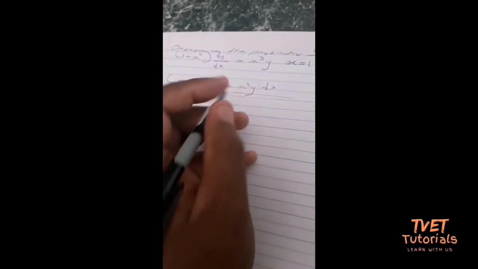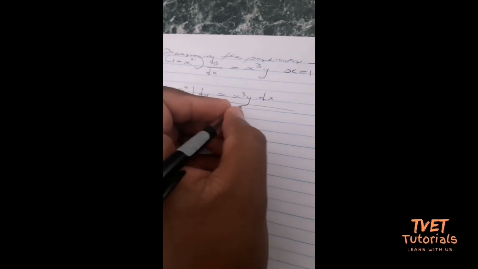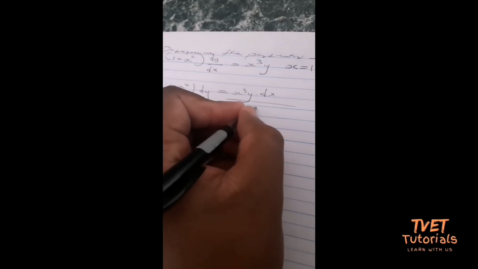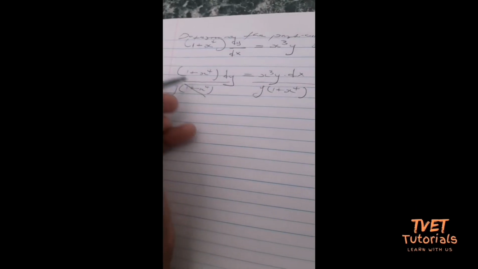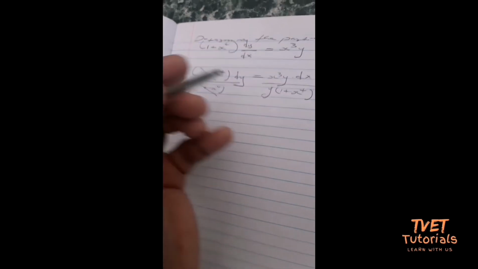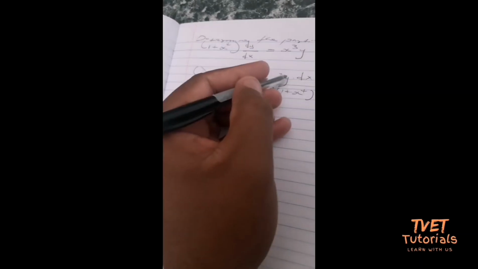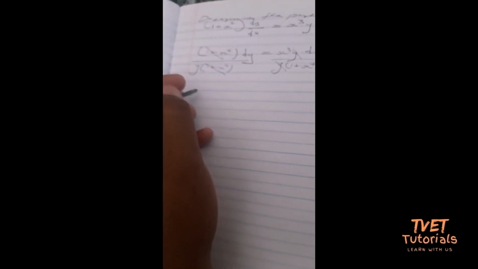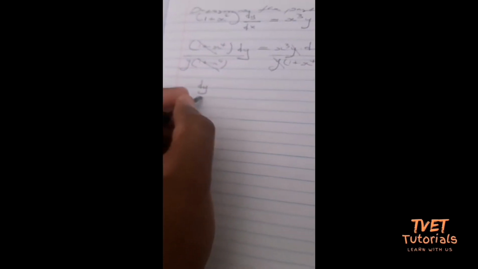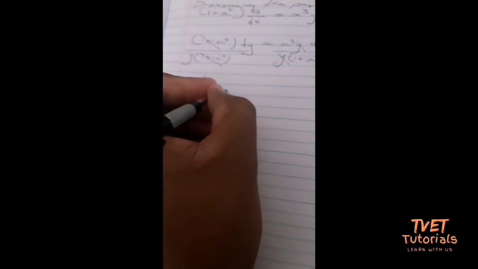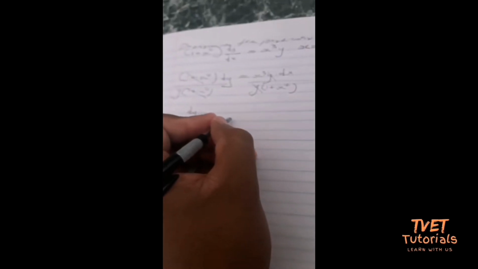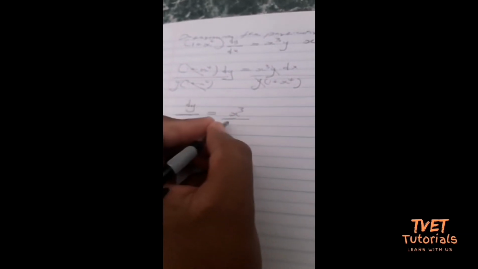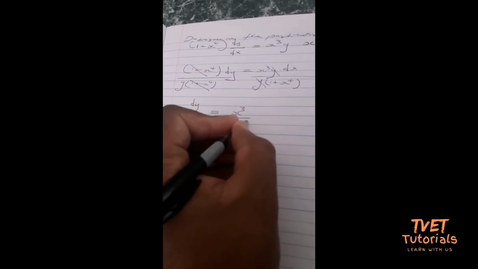So that 1 plus x exponent 4 will divide into that, and here y will also divide into that. So my simplified differential equation will simply be dy over y equals x cubed all over (1 plus x exponent 4) dx.